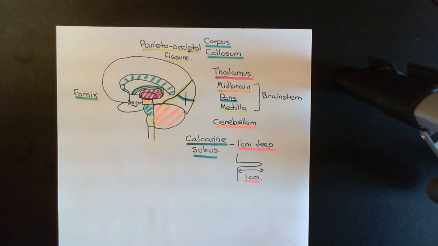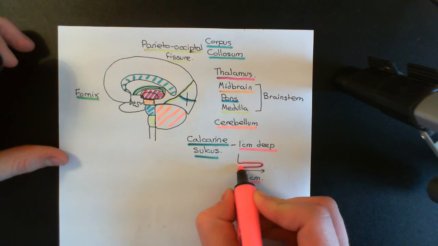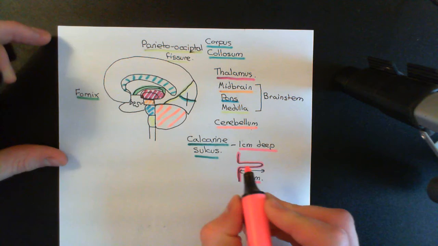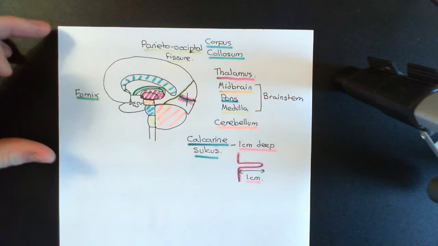And the primary visual cortex is going to be this cortex that lines the calcarine sulcus, and also a little bit of this cortex on either side of the calcarine sulcus. So this cortex that I'm now highlighting up in pink there.